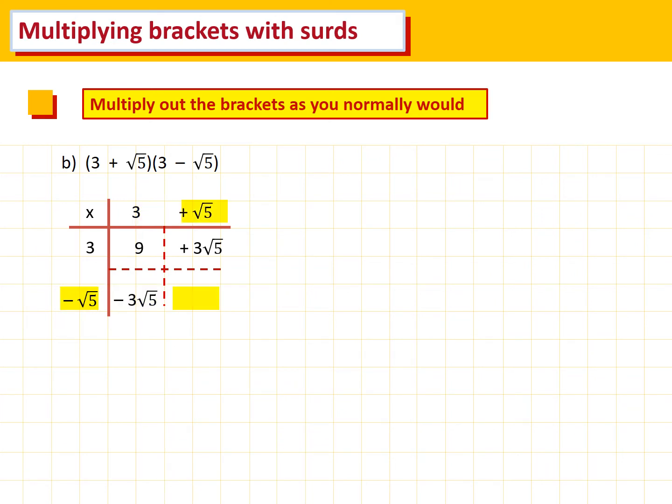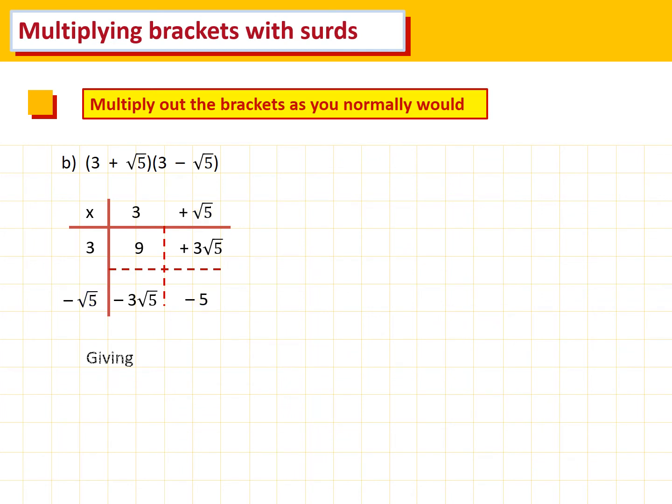And finally, negative root 5 times positive root 5, positive times a negative is a negative, and root 5 times root 5 is root 25, which is just 5. So we end up with our final cell being negative 5.